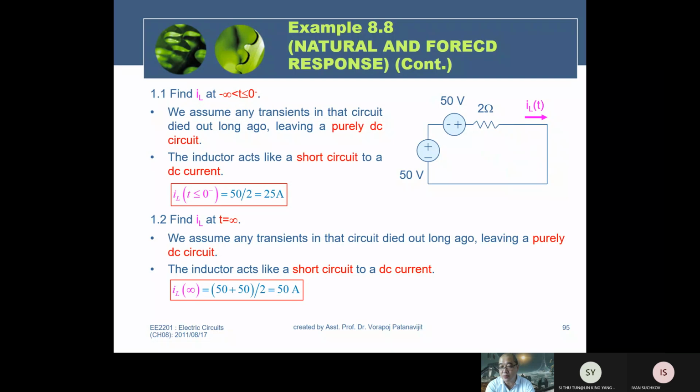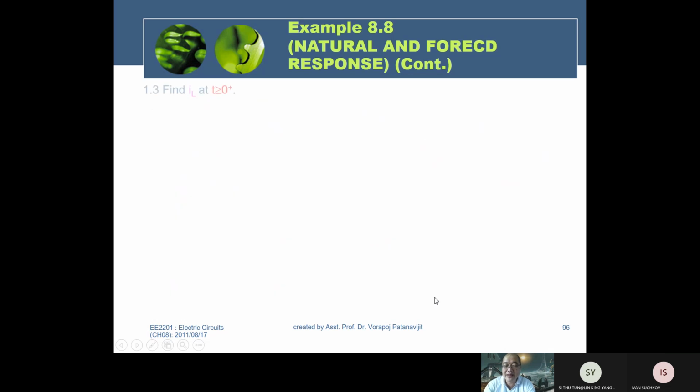Instead of 50, it will be 100. Therefore, the current that flows in IL at time infinity is double the previous, equal to 50 amp.